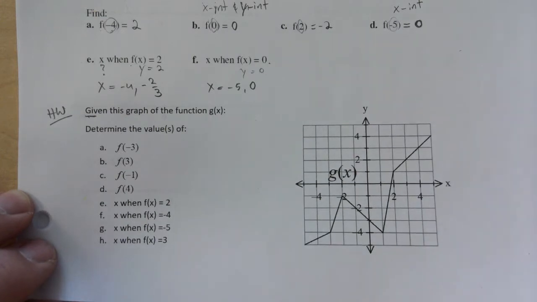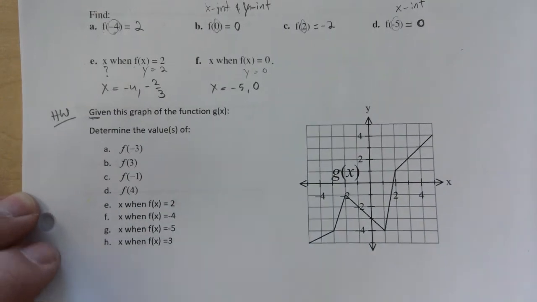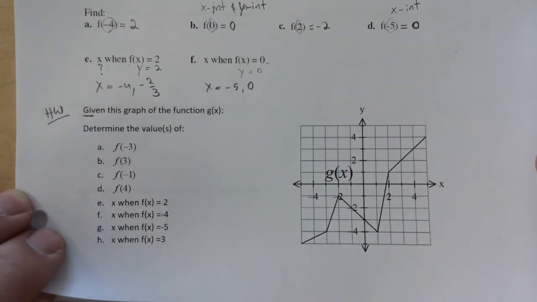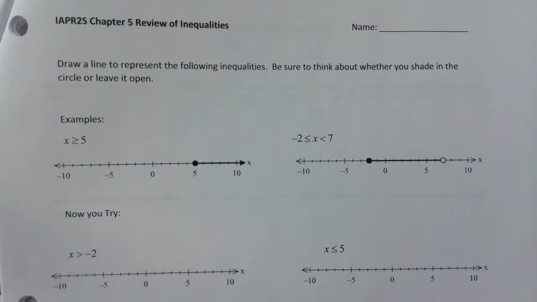Okay, Angie, we're going through our booklet, okay? I couldn't tell you which page number, but just keep flipping through it until we're gonna review inequalities. This is very important, folks, what we're about to do here.